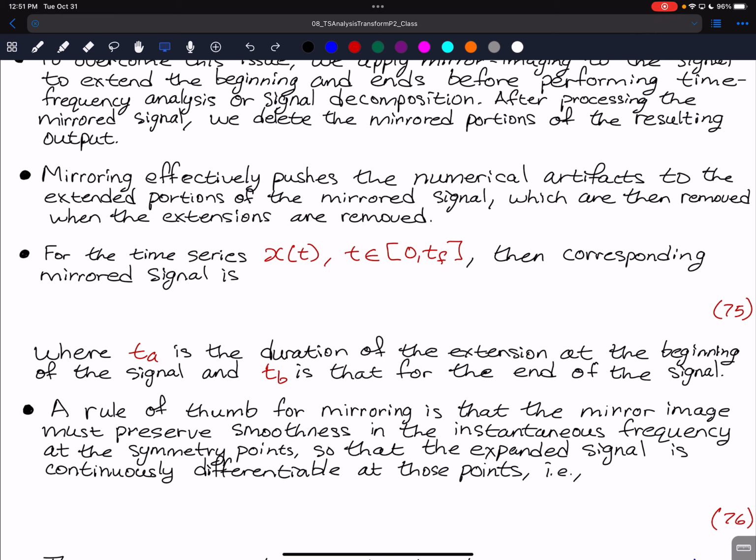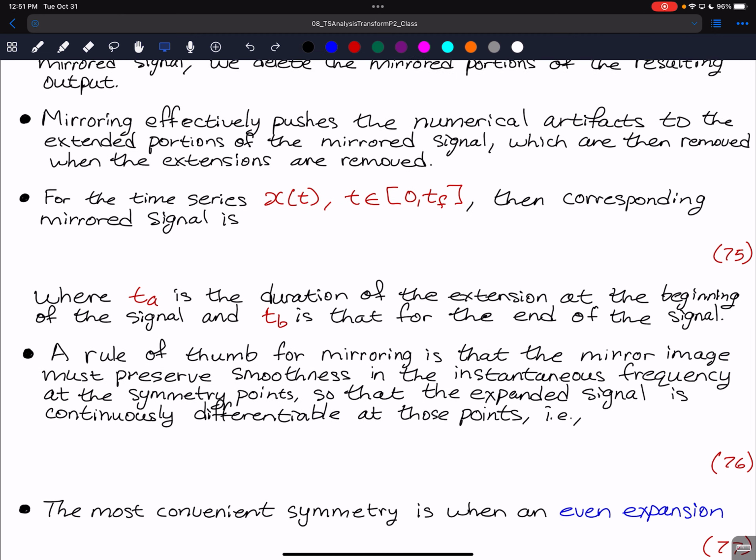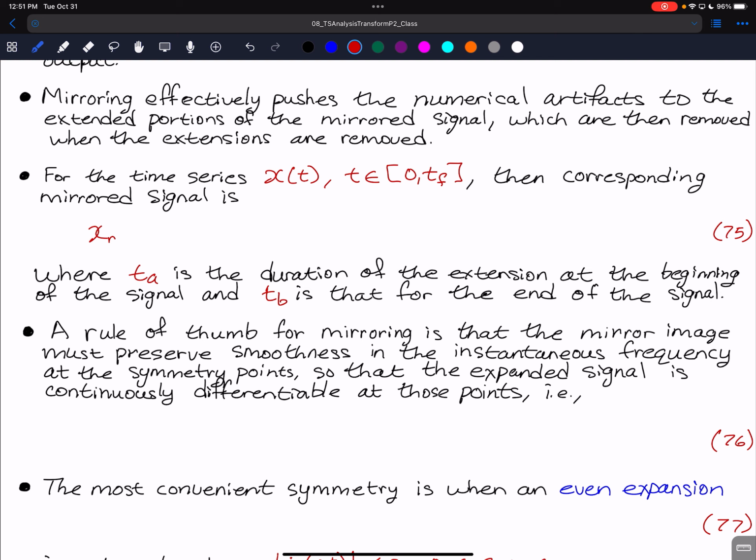And we're going to then mirror it or produce the mirrored signal as, we'll say, x sub mirror of t is equal to a composition of x_mi of t, and that will be the mirrored portion at the beginning of the signal, x of t, and then x_mf of t, and that's the mirrored portion at the end of the signal. And that will be transposed.